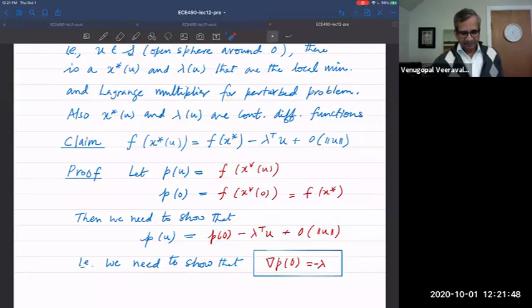Now this fact will actually turn out to be useful also in understanding optimization problems with inequality constraints, which is what we're going to consider after your midterm.